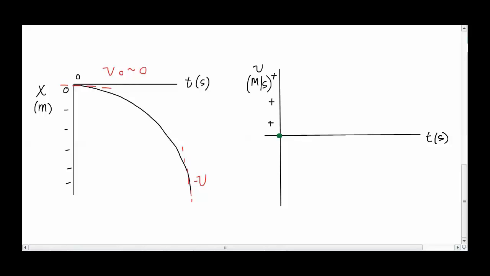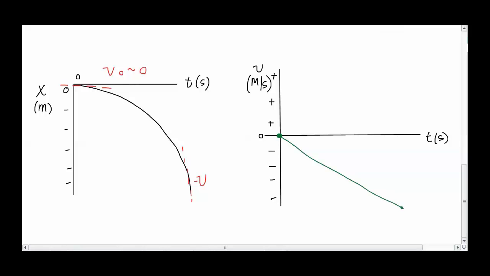We have positive velocities above the time axis, negative velocities below the time axis. And much later, the velocity is very negative. So let's mark at a later time a negative velocity. Connect those 2 points.